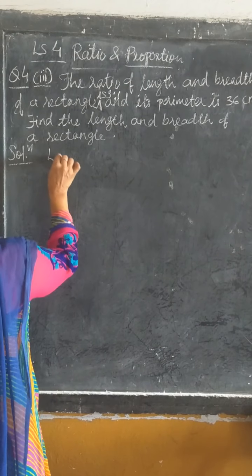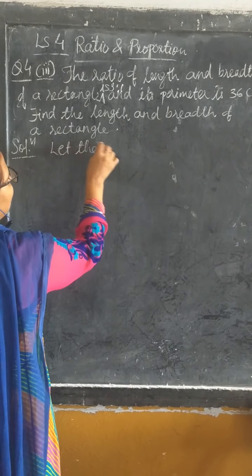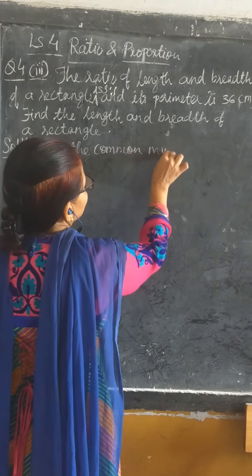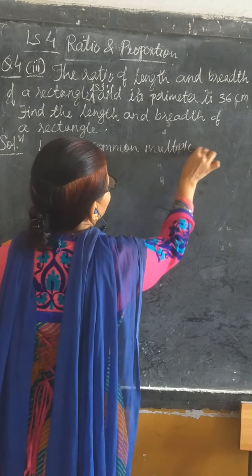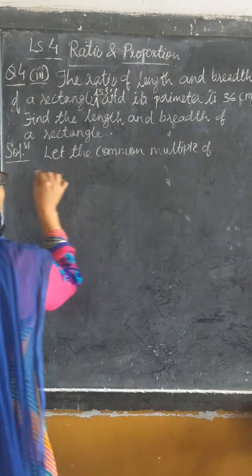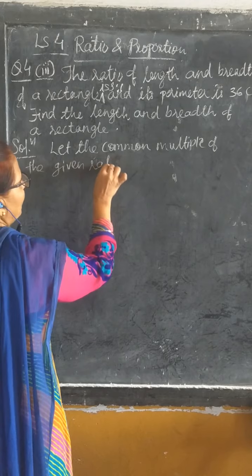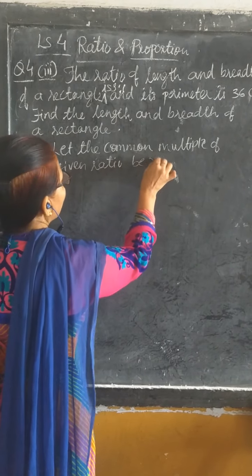So let's write, let the common multiple of the given ratio be x.